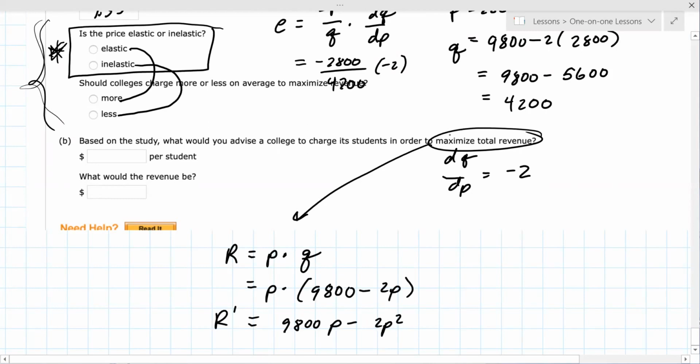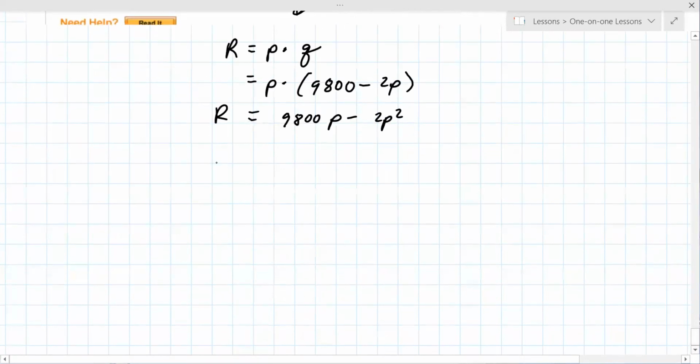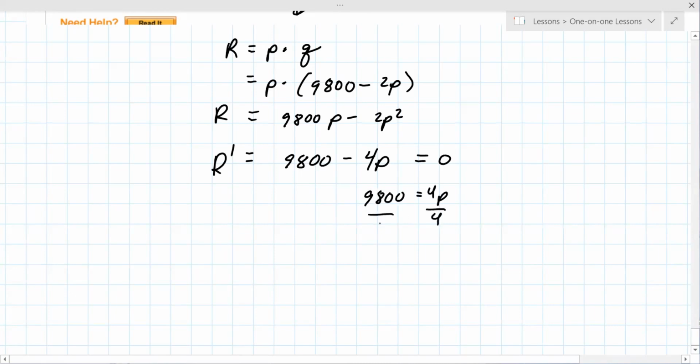To maximize or minimize, you take a derivative. So R prime is 9800 minus 4p. Set that equal to 0. Divide by 4, so p equals 4900 over 2, 2450, I think.